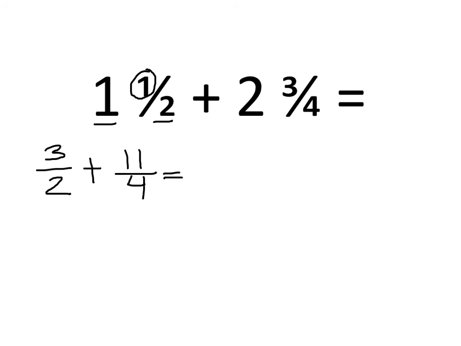Our denominators are not the same. By multiplying 2 with 2 and 3 with 2, we get our new fraction of 6/4.